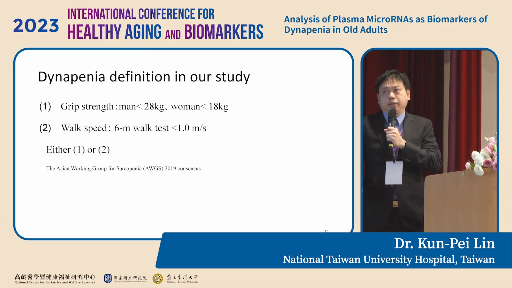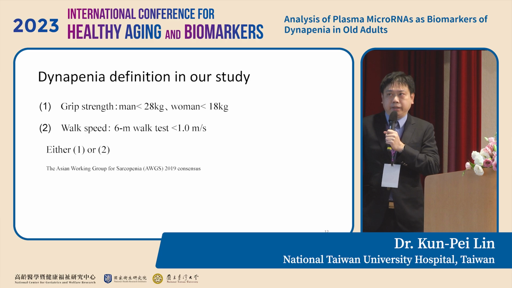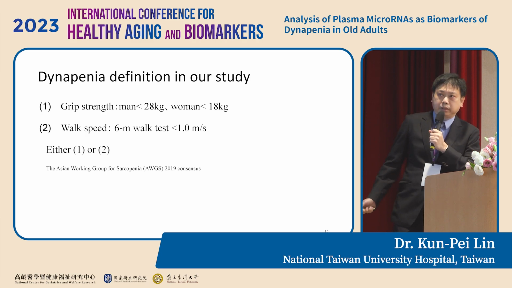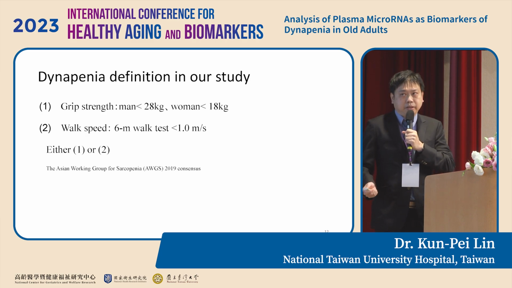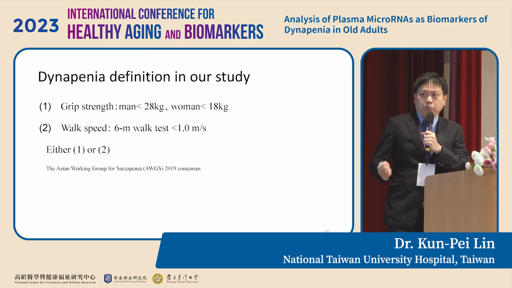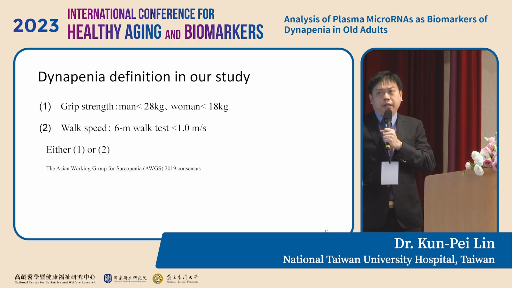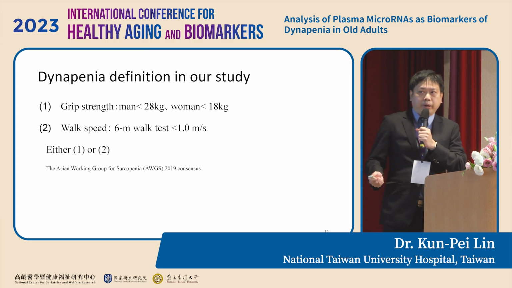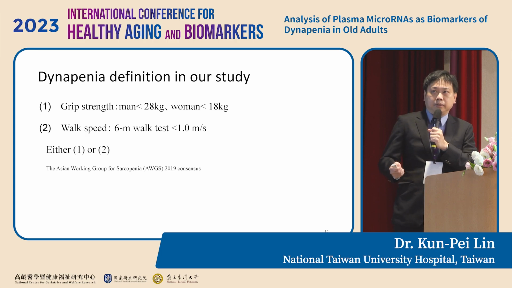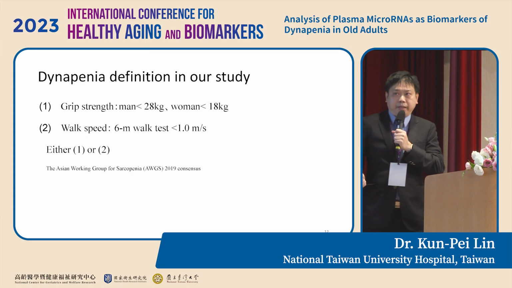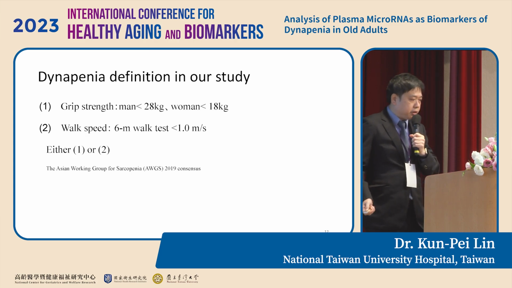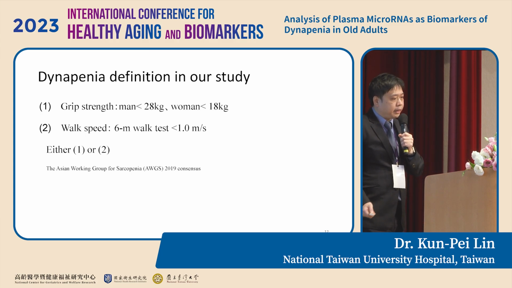If they were tested lower than 1 meter per second, they were considered to have a low walking speed. If patients meet criteria 1 or 2, we consider them to have dynapenia. These criteria were set based on the Asian Working Group for Sarcopenia.